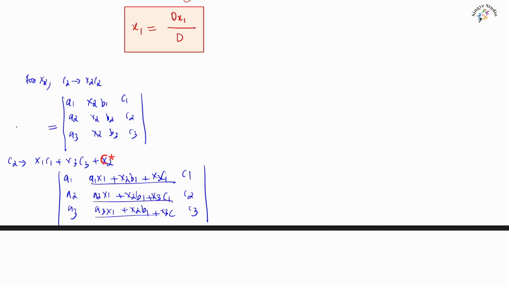So this matrix is x2 D, right? And this is also x2 D. So I will substitute this here. So I will get x2 D equals the determinant of a1, a2, a3, d1, d2, d3 and c1, c2, c3, okay?